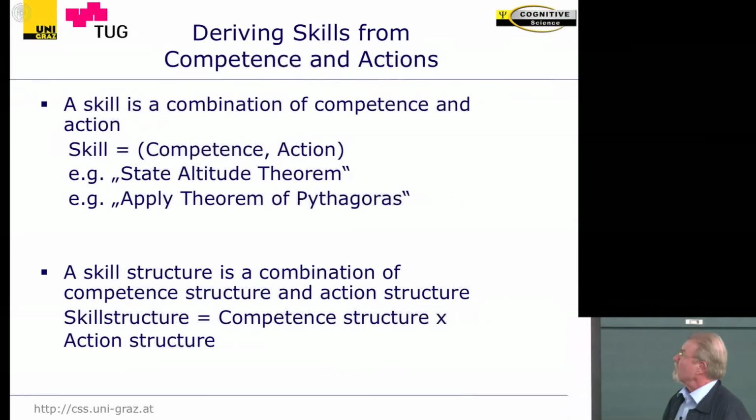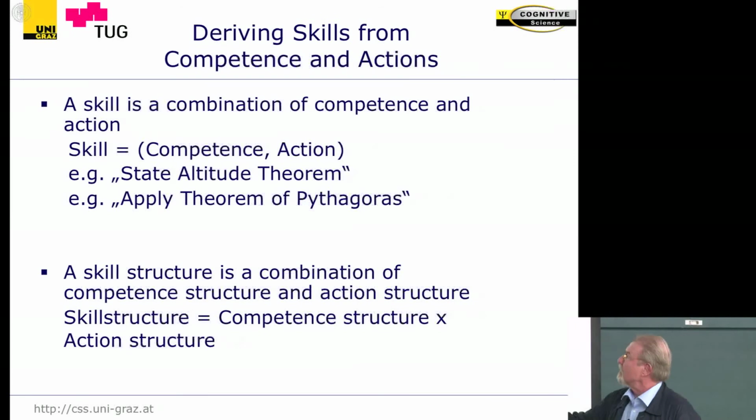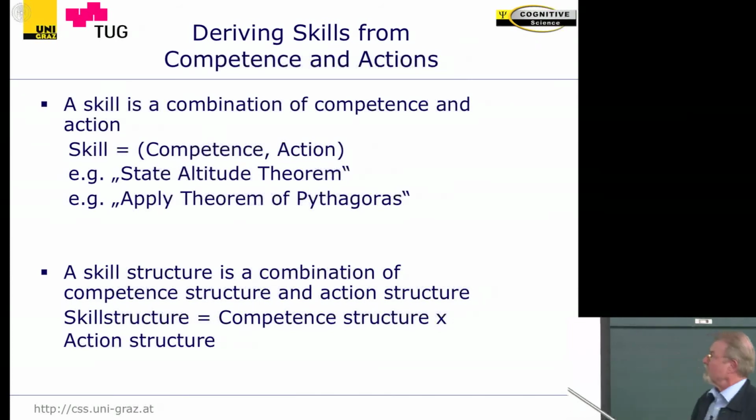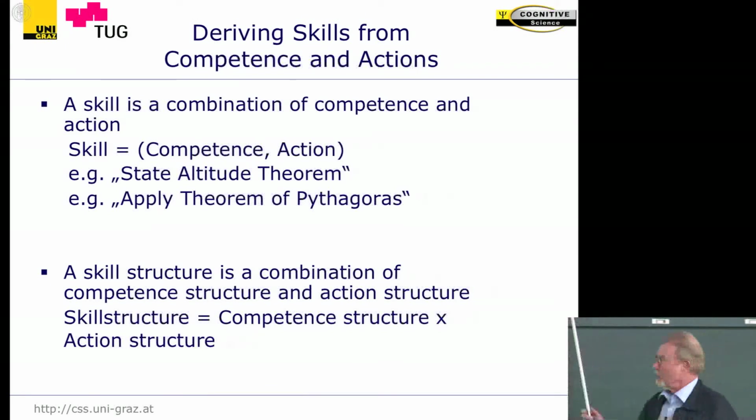In these examples, you see state the altitude theorem is one of these combinations. Apply the altitude theorem is another one. Apply the theorem of Pythagoras is another combination, and state the theorem of Pythagoras is another one.